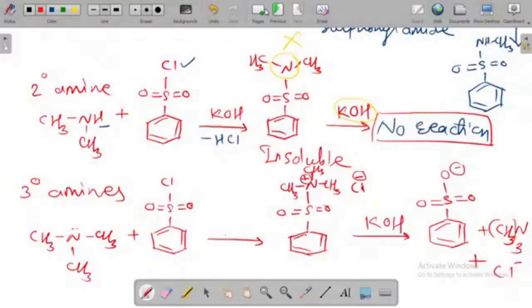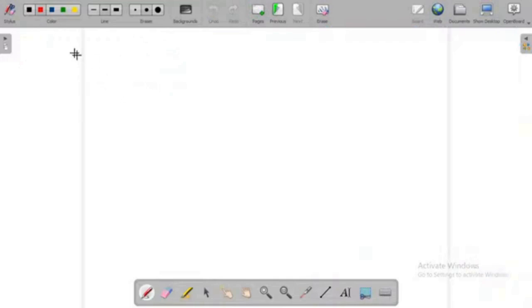Okay, so Sandmeyer's reaction. Before that, we'll recap the formation of benzene diazonium chloride. This is the benzene diazonium chloride that we are going to form from aniline. Aniline reacts with nitrous acid.